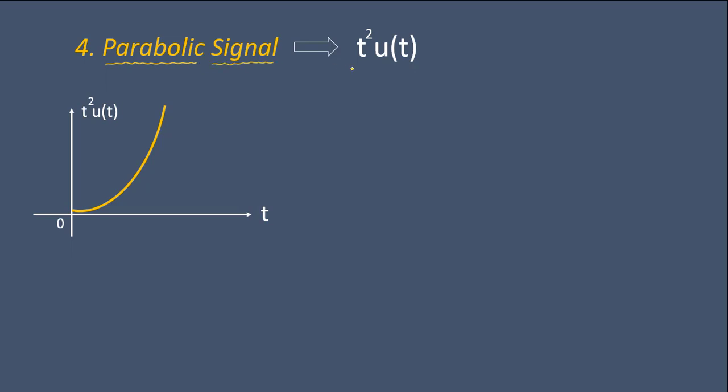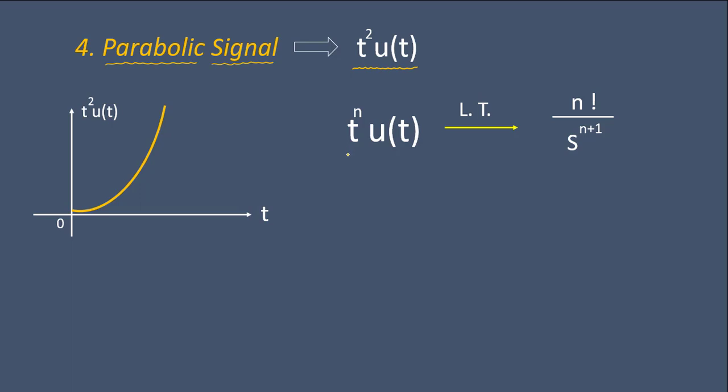The parabolic signal is given by t square u of t, and this is the basic diagram of a parabolic signal. Now in order to find the Laplace transform of a parabolic signal, let us see the basic Laplace transform of the t raised to n u of t function.